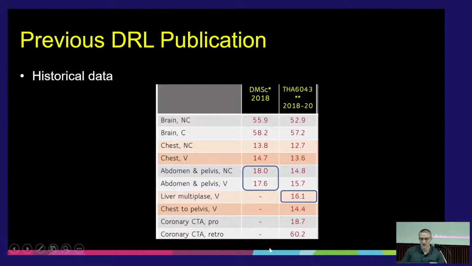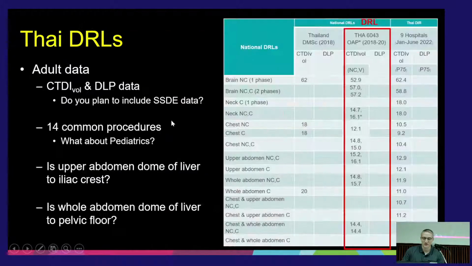So, of course, historically, you're all familiar with this, but these are some values that were originally put together from 2018, and then the latest and most current DRLs from the data that was acquired from 2018 to 2020. And then, at least initially, you had these protocols listed right here.